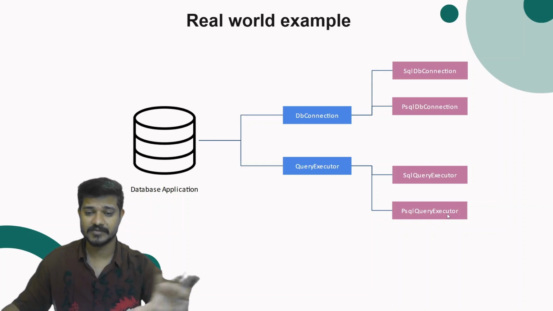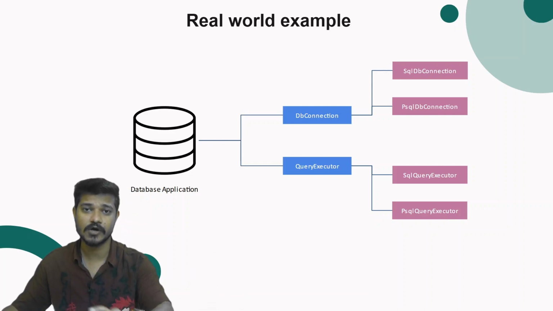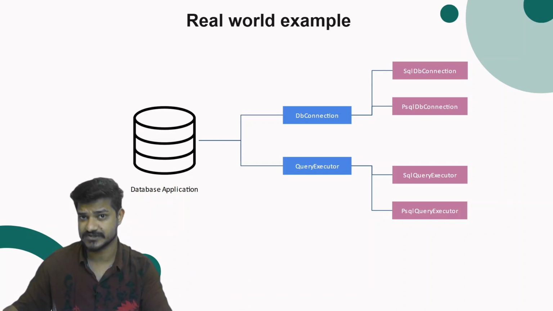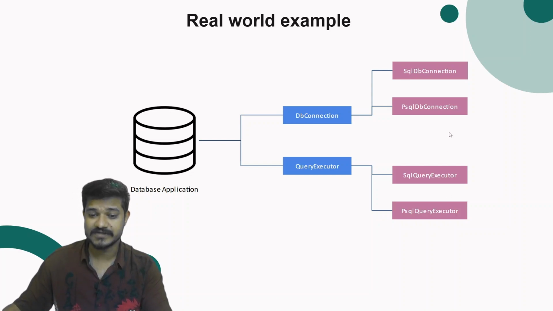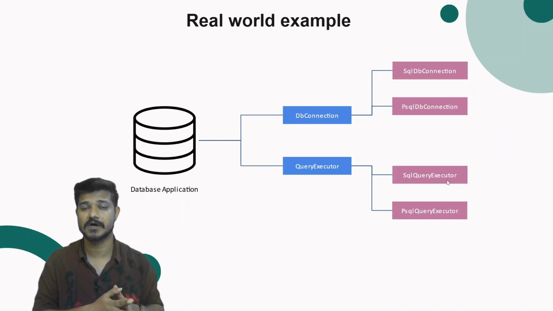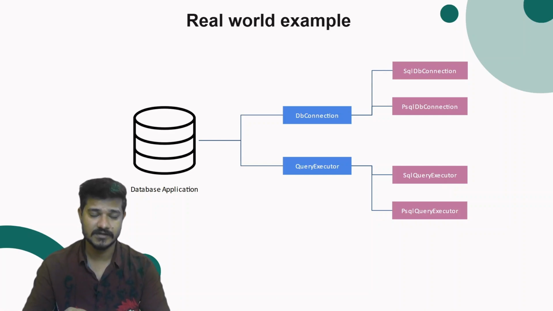So that is why you remember in the last slide it says that the objects created are compatible with each other. Okay, so the objects that you are creating, they must be compatible with each other. That means when you are creating an SQL connection, you must create SQL query executor, right? So this is what abstract factory pattern provides you.